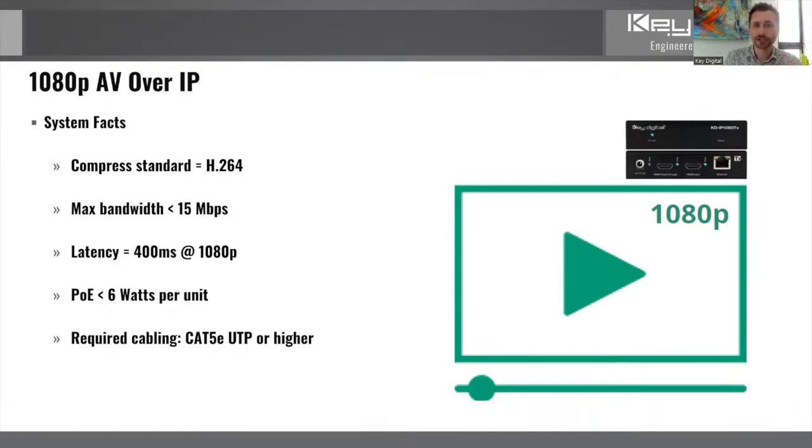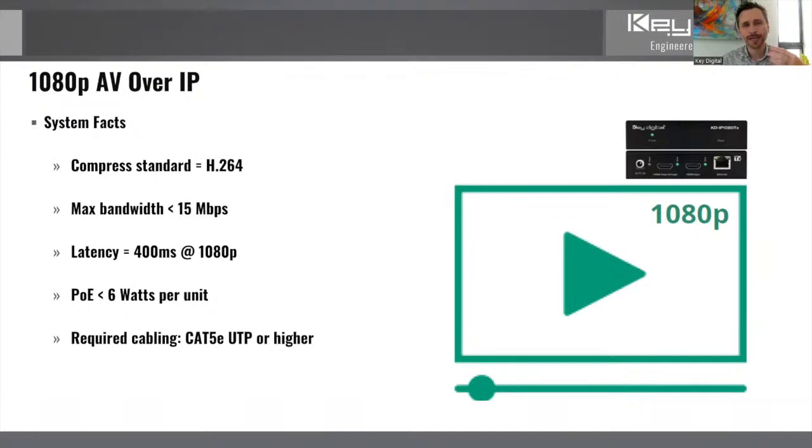We all know at this point in time, you could go up to 18 gigabits per second bandwidth over an HDMI cable, but the bandwidth of each of your transmitter streams is going to be approaching 15 megabits per second. That's it at 1080p, less at 720p and 1080i, actually half, so about 7.5 or so.